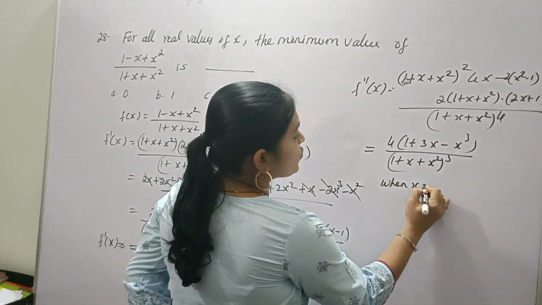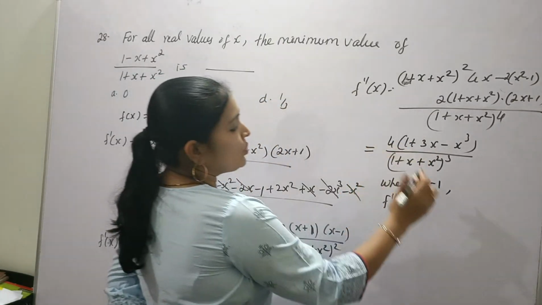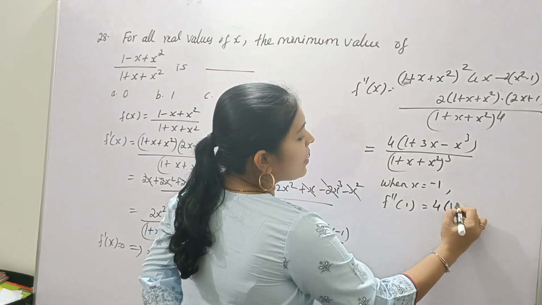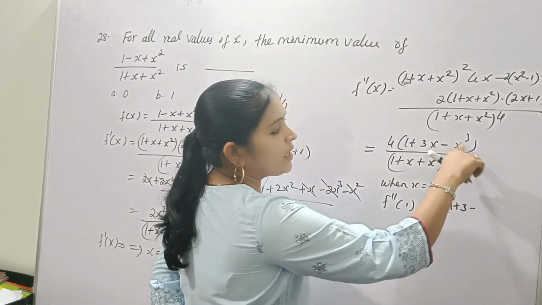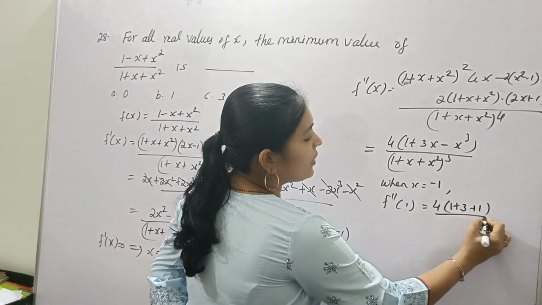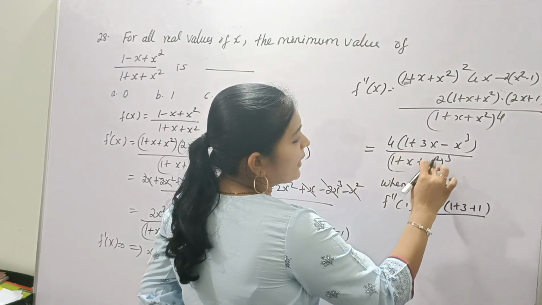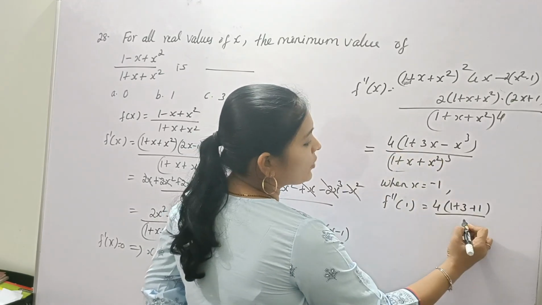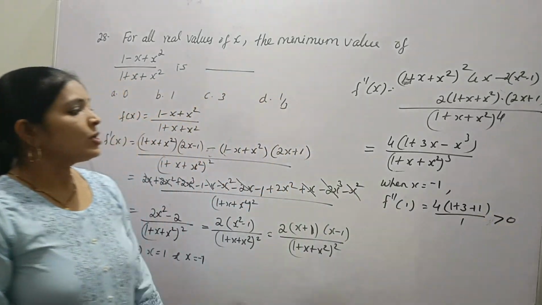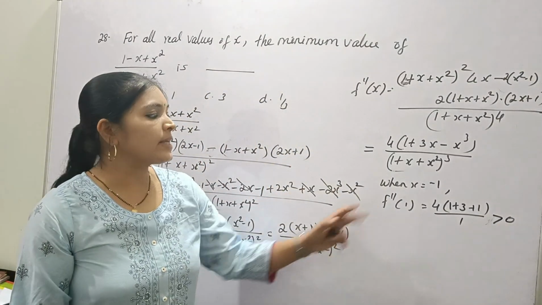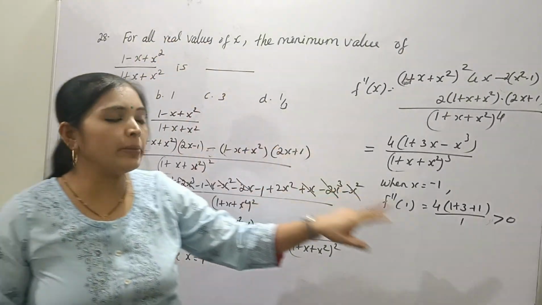When x is equal to minus 1, see, f double dash of minus 1 is equal to, here, see, substitute 4 into 1 plus 3 into minus 1, 3 minus 1 cube, so minus 1 cube is minus 1, so it will be plus 1, divided by 1 plus minus 1 square, that is 1, so 1 cube, it will be 1, so here it is positive, right, that is greater than 0. Okay, so here when x is equal to minus 1, this f double dash of minus 1 is greater than 0. That means this function is minimum, right?